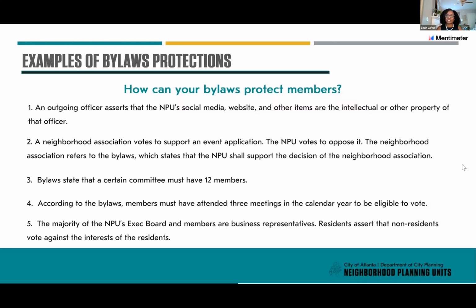And they assert that because they created it, it belongs to them. Number 2, a neighborhood association votes to support an event application. This is another one that happens every year. The NPU votes to oppose it. The neighborhood association refers to the bylaws, which state that the NPU shall support the decision of the neighborhood association.